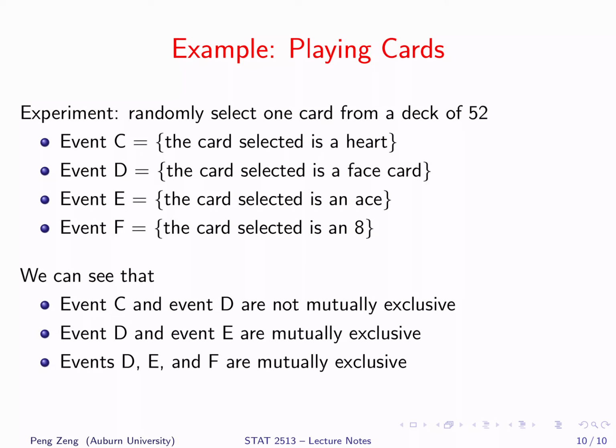Here, we need to check any pair of events. We have already known that D and E are disjoint. Next, we check D and F. Event F means 8, which is not one of the face cards. Hence, D and F are disjoint. Similarly, E and F are also disjoint. Therefore, events D, E, F are mutually exclusive.